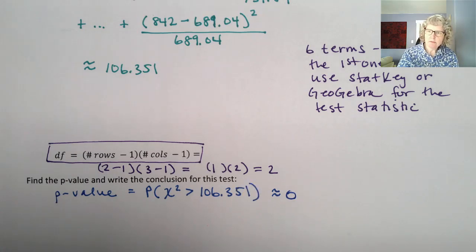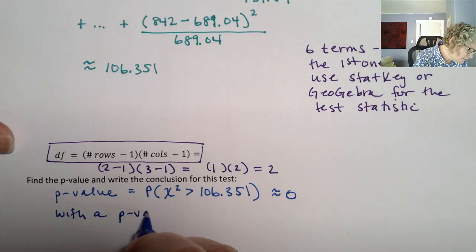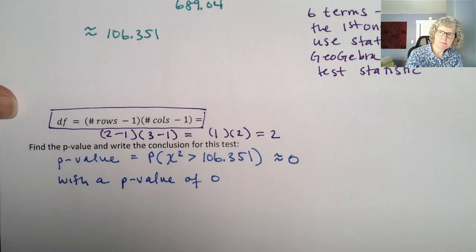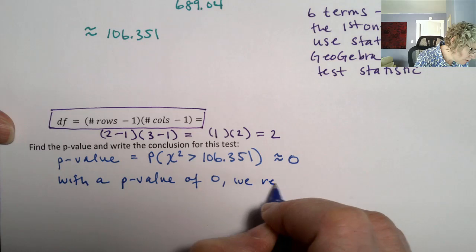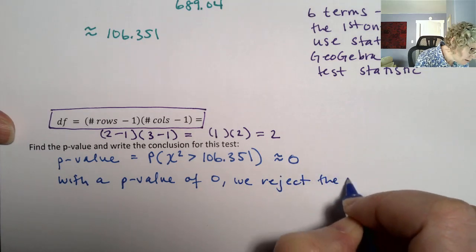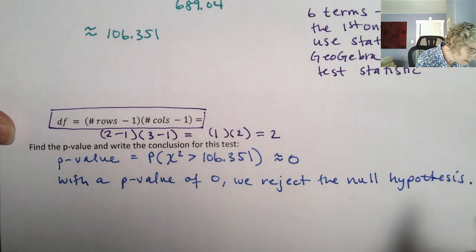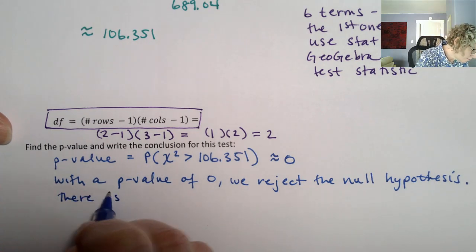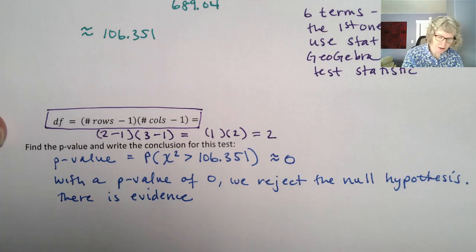And let's write our conclusion. With a p-value of 0, let me move this up a little bit. Okay, remember, small is significant. We reject the null hypothesis. There is evidence for the claim. And I could have said strong evidence or very strong evidence as well because it's so small.